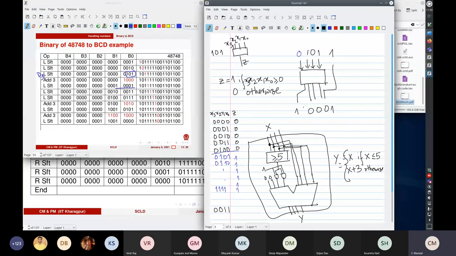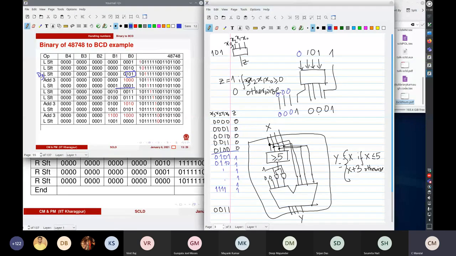So the extra ones here, these will be zeros. Okay, so this is what you get. This is the result. This is the circuit for converting 4 bits of binary to 2 BCD digits.